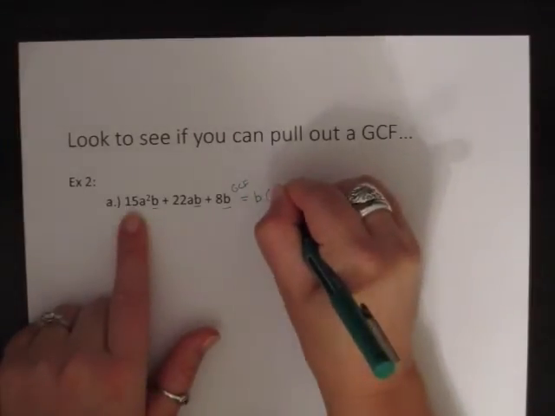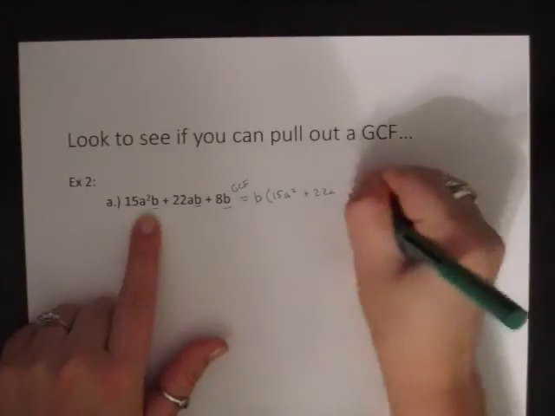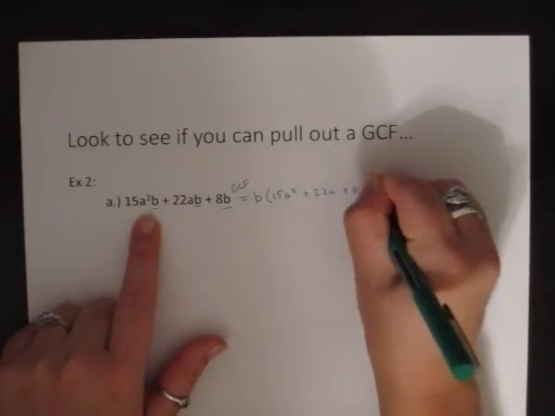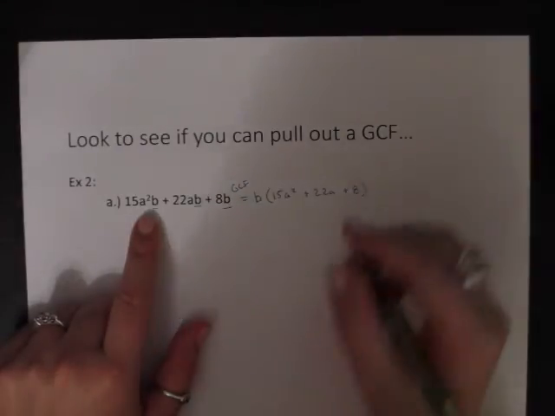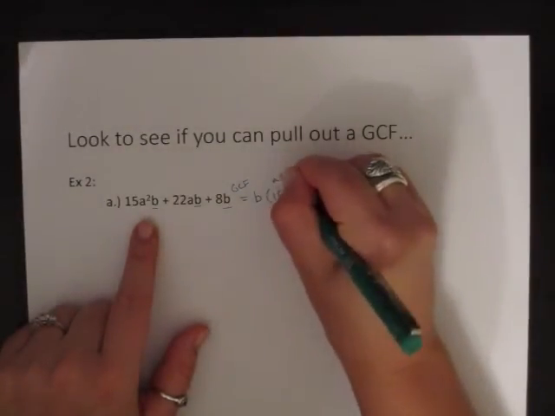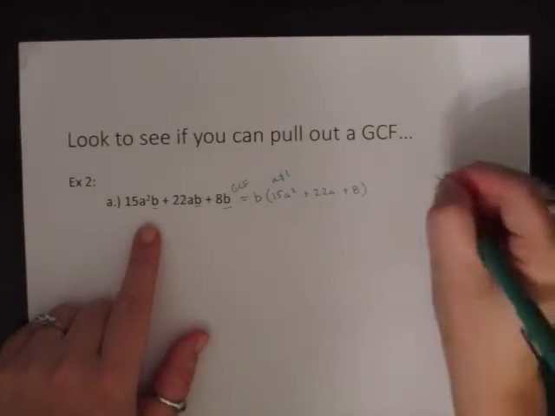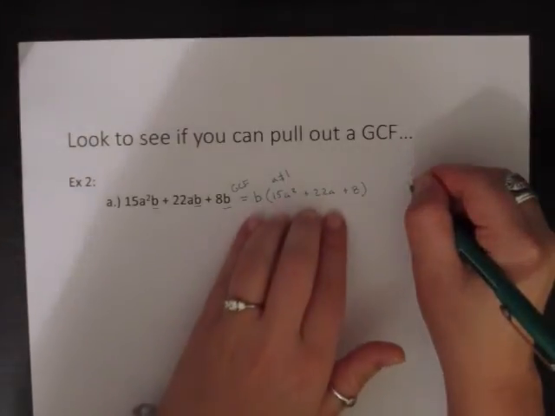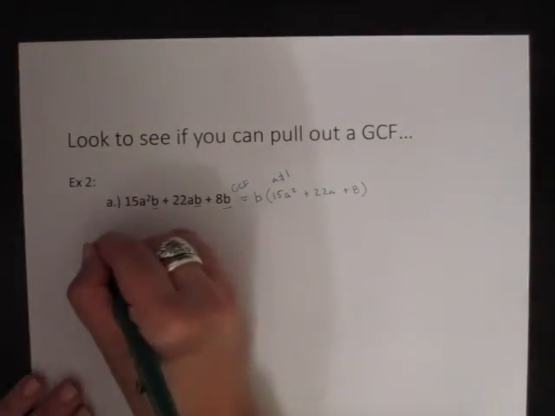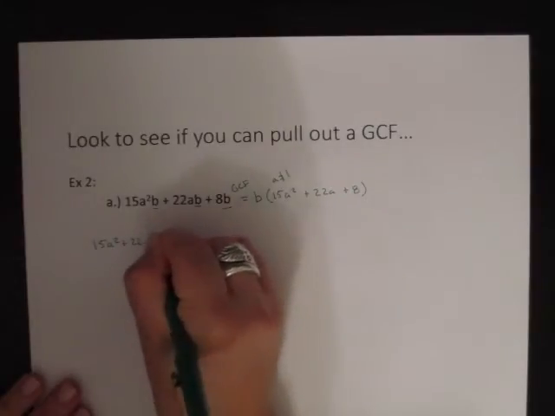When I pull that out, I'll be left with 15a squared plus 22a plus 8. Now I've got an a does not equal 1, so now I go through my steps. So I'm going to rewrite it over here: 15a squared plus 22a plus 8.